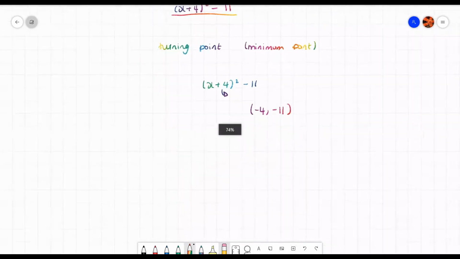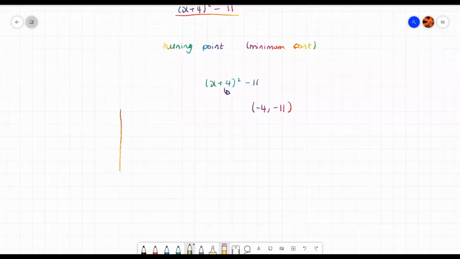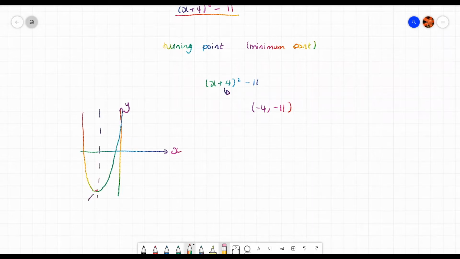That's where your graph turns. So again, I will just draw that out for you to have a look at. That's y, that's x. So minus 4, minus 11 would be somewhere here. Something like that. That would be the line of symmetry. That point there would be minus 4, minus 11. And obviously the line of symmetry would be x equals minus 4 if you were asked to work out the line of symmetry.